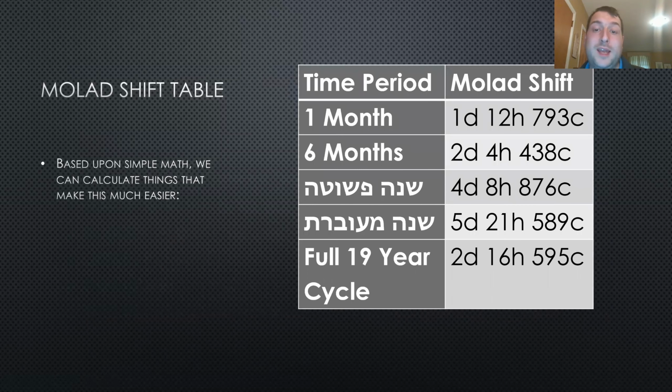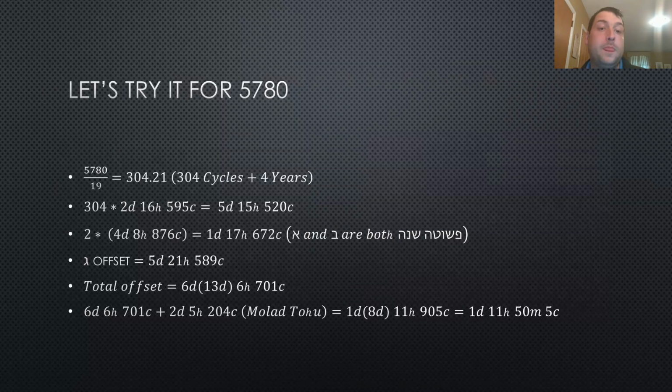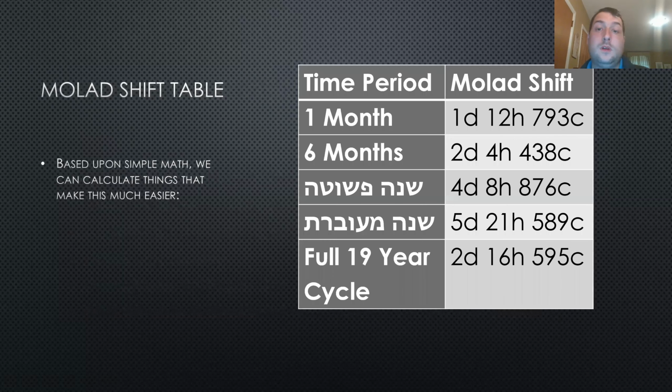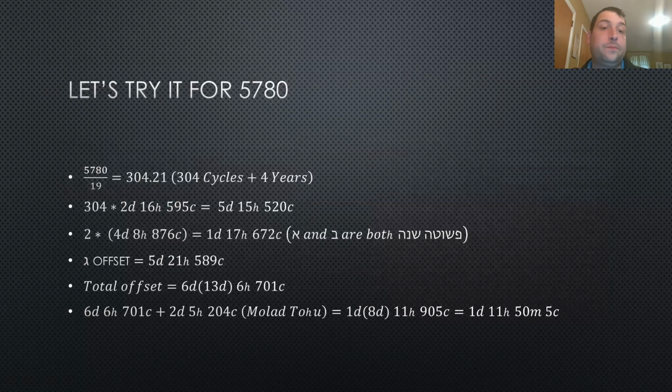So we're multiplying out 304 times the 19-year cycle number, and remember, we're subtracting out all of the days. Every group of 7 we're subtracting out is 5 days, 15 hours, and 520 chalakim. And then year 1 and year 2 were shana peshuta, so we know what that offset is, 4 days, 8 hours, and 876.